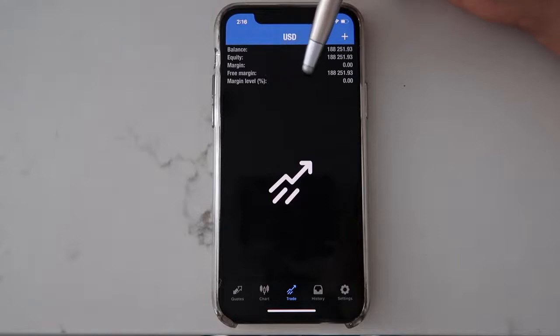You never want to go below 500%. And if you go down to 100%, that is very bad. If you're below 100%, that is when your broker is going to start closing you out of trades because you are over leveraging or you don't have enough money in your account to be in those trades.